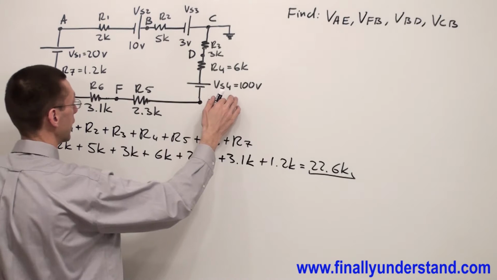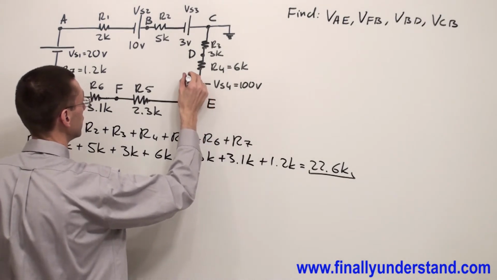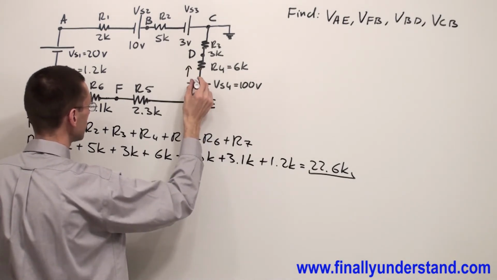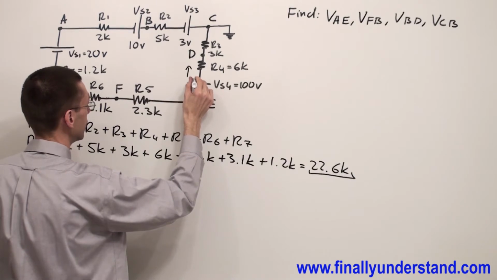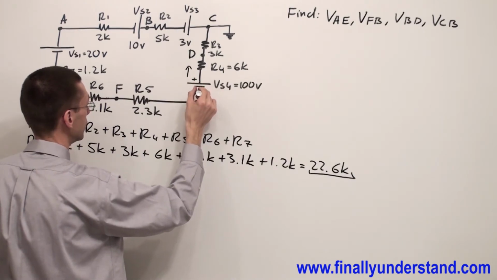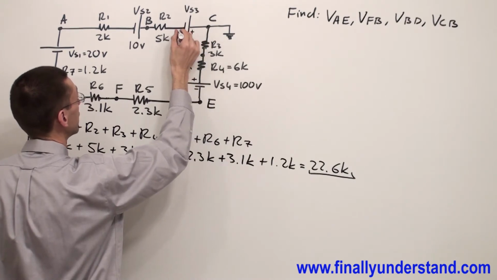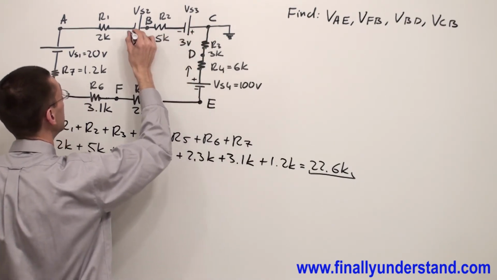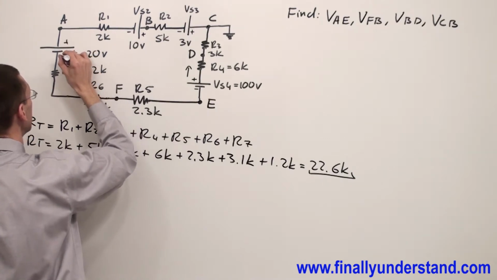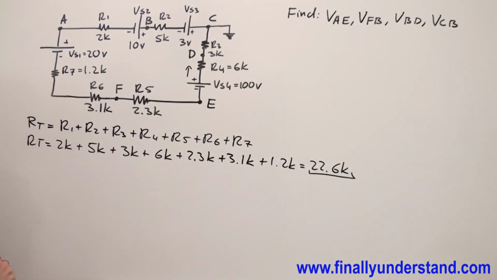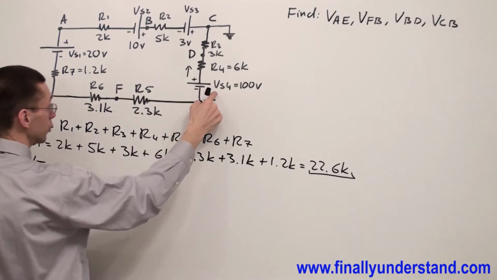This power supply is going to push the current in this direction. So I have the positive terminal over here. This one is going to be negative. The longer one is always positive. Short is negative, positive, negative, positive, negative. V total, the strongest one.